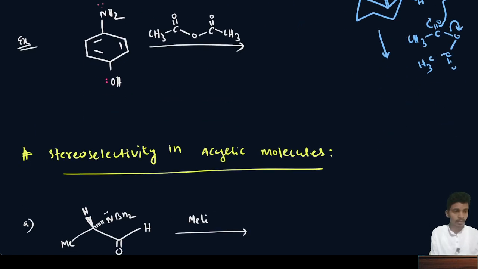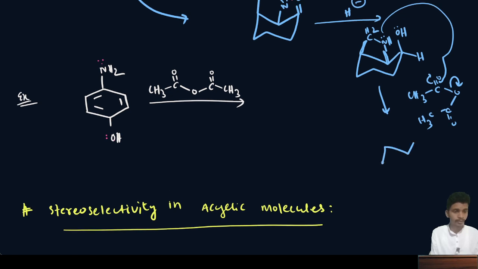So the answer will be this group. So now this is going to be CH2, and this is going to be N, this, and this is going to be the COCH3, and here above we have OH, and here we have H.